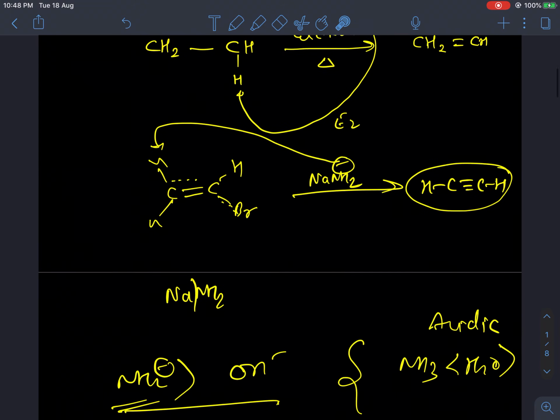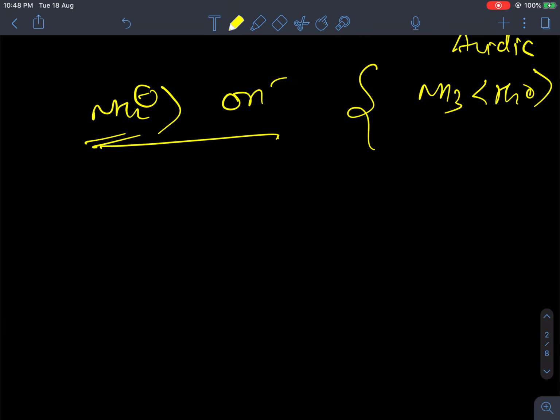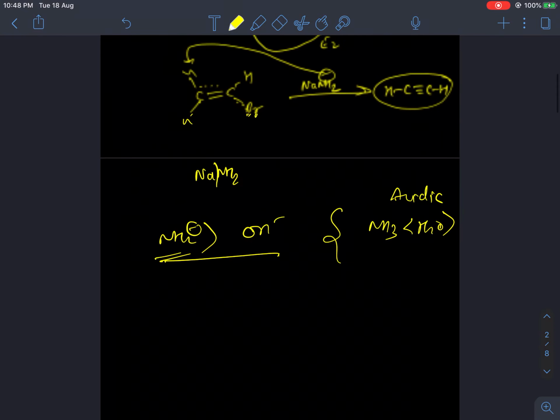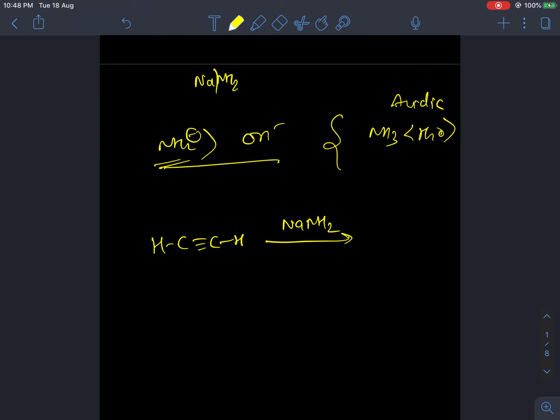One more point I would like to add here, because sometimes it is very important to understand. Suppose this alkyne is formed, and in some other question, someone asks how many moles of NaNH2 can further be consumed by this. When you talk about basic strength, NH2 minus is more basic than C triple bond C minus.